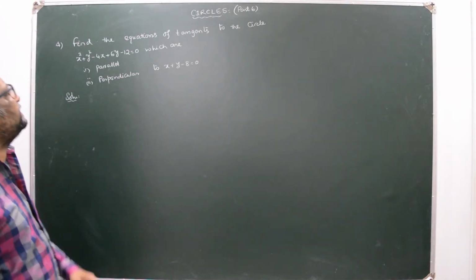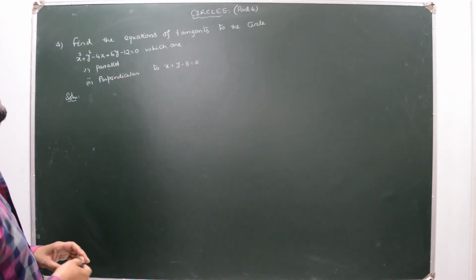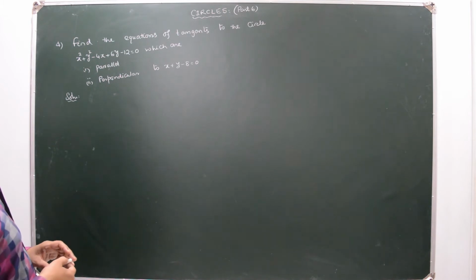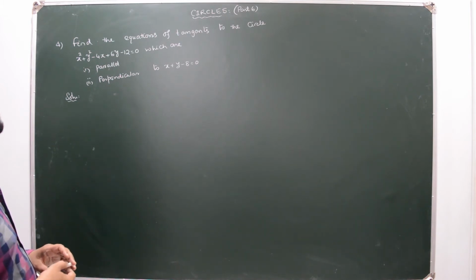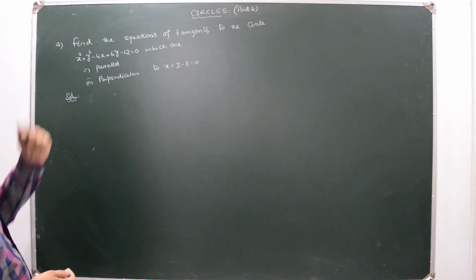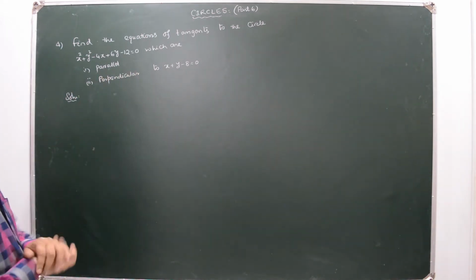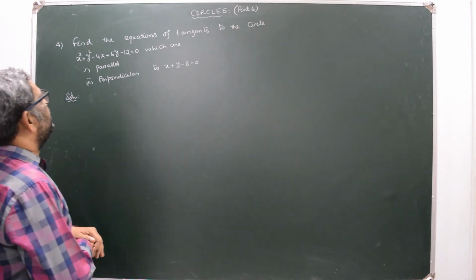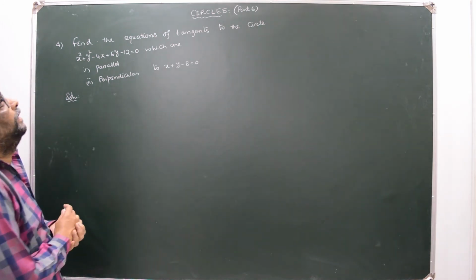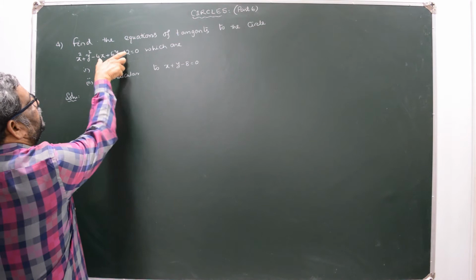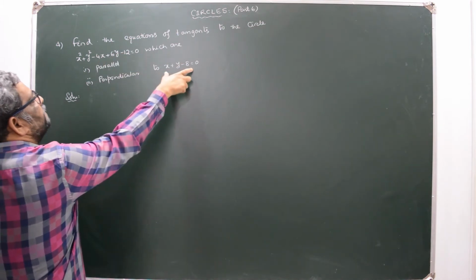The next problem is: find the equations of tangents to the circle x square plus y square minus 4x plus 6y minus 12 equal to 0 which are parallel and perpendicular to the line x plus y minus 8 equal to 0. Now we have to find the tangent of the circle which is parallel to this line.